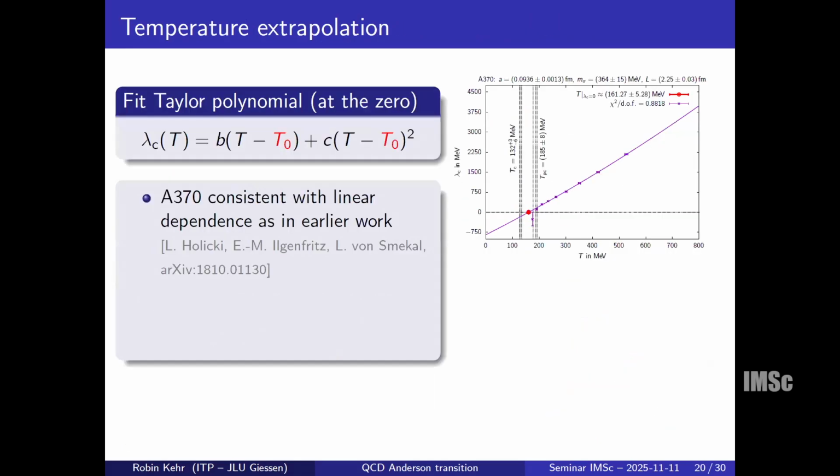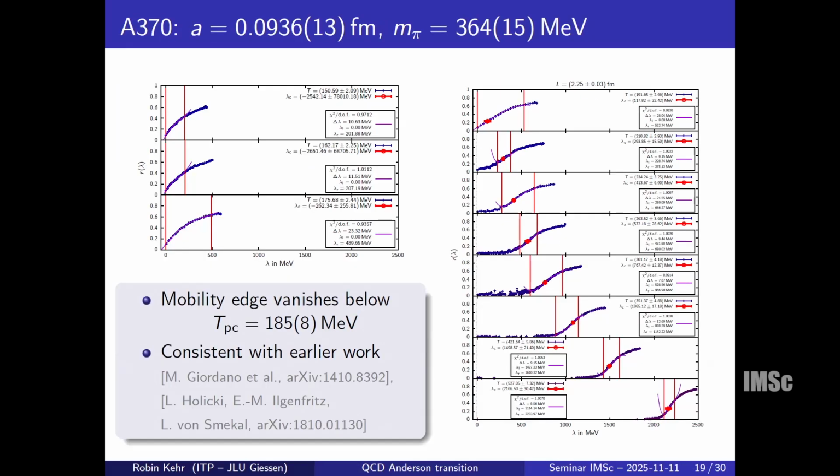So let's go on. The bins and fit windows are changing? Yeah, it's changing a little bit; we fine tune it for every temperature. And your statistics is almost the same for every temperature? It is varying a bit.